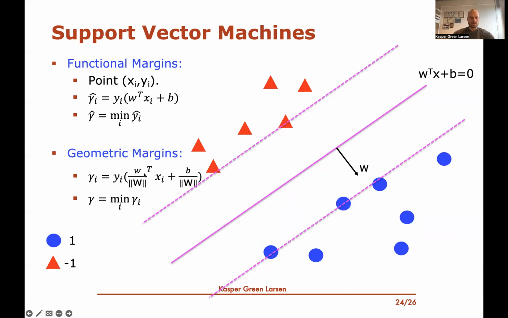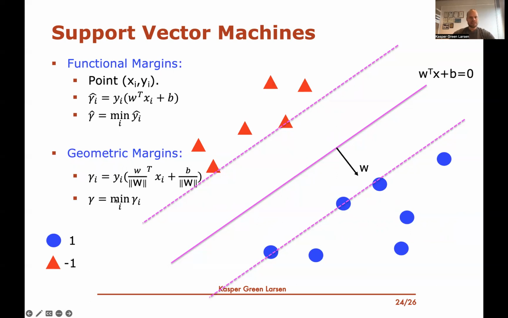So you take W and normalize it by norm W, you take the inner product with xi, and then you add B over norm W. This number you multiply with yi, and the whole purpose of having a signed distance is that you can still tell whether you're on one side of the hyperplane or the other. So for the positively labeled vectors, you get a positive margin if your label is 1, if this inner product plus the bias over norm W is also a positive number.